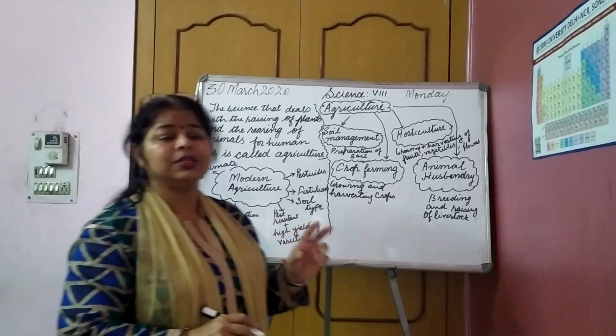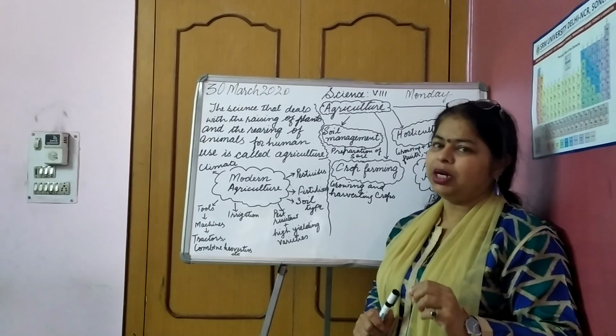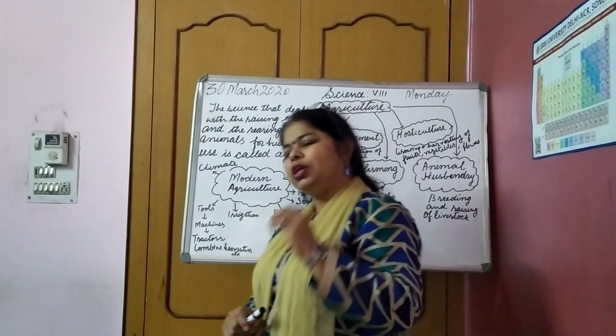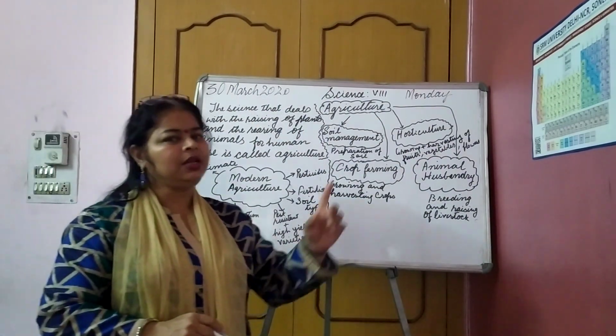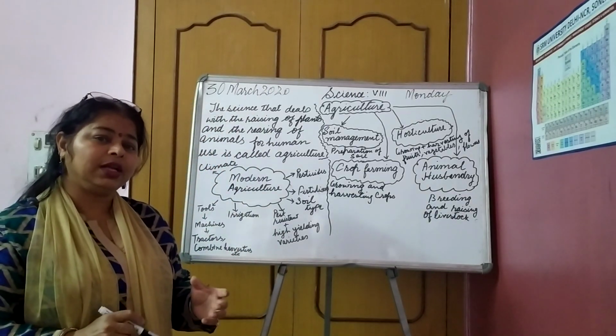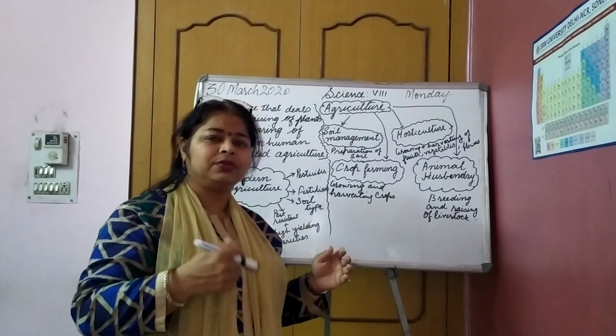So these were the aspects of ancient agriculture. But if we talk about modern agriculture, what do you think? Is it the same or has it changed? In ancient agriculture, there was also a very time consuming thing, the harvesting of crops.